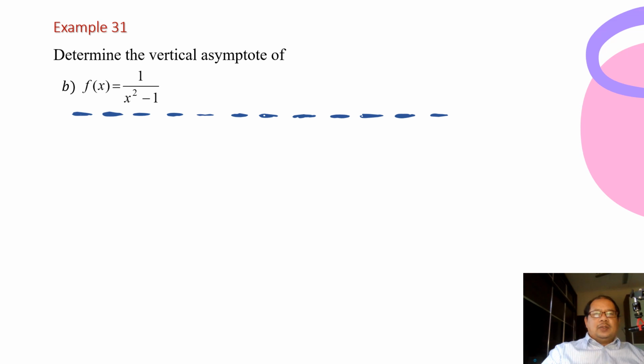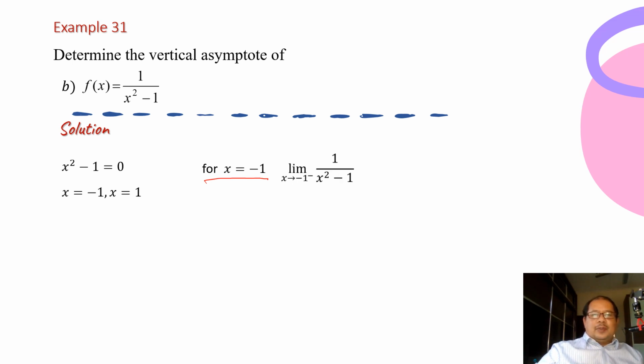Okay, B, f(x) equal to 1 over x squared minus 1. First, we find the value x for denominator becomes 0. So x squared minus 1 equal to 0, so x equal to negative 1 and x equal to 1. For x equal to negative 1, we find the limit x approaches negative 1 from the left, 1 over x squared minus 1.